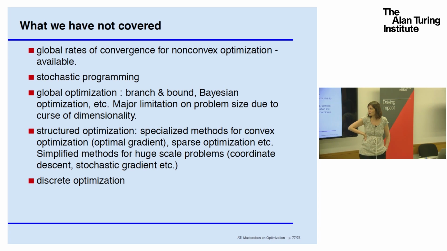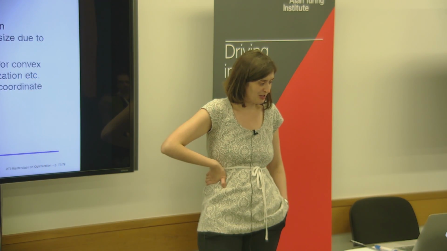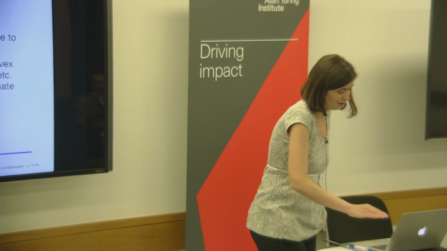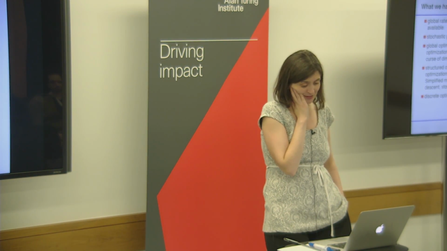And we do sometimes have to do something, like I said, cheaper than even a full gradient. Right. I have not said anything about discrete. I hope that next term the advanced optimization can be on discrete optimization. I'm trying to set that up with a colleague of mine. And I have not said very much about global optimization.